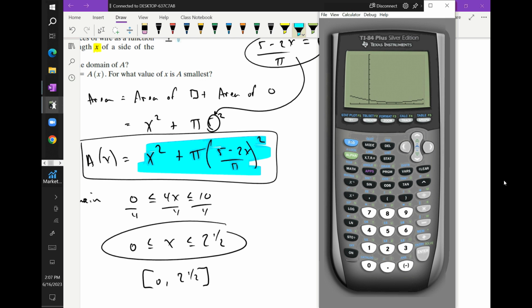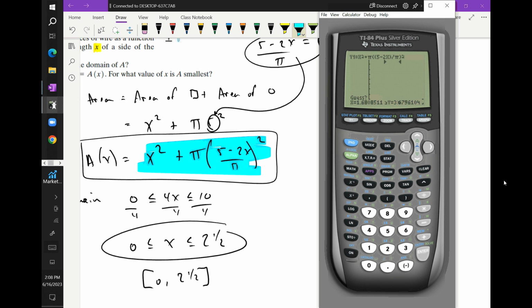So let's go ahead and calculate on our graph here. It says calculate our minimum value, so that's number 3 here. Left bound, somewhere over here. If I keep going to the right, the values are getting smaller, and then they start counting back up again.